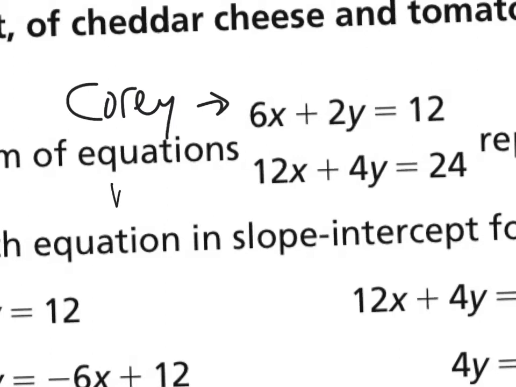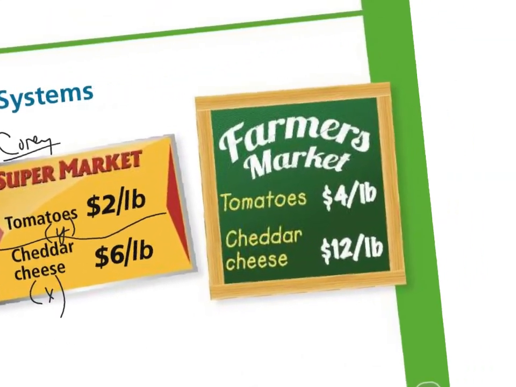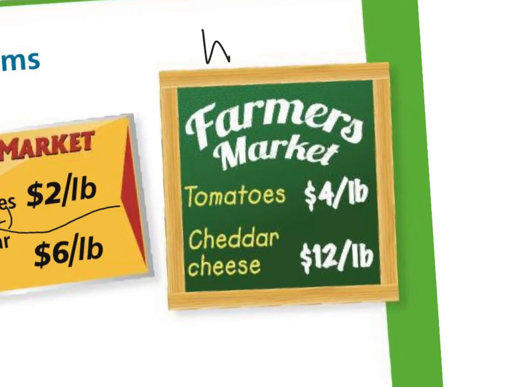And then Winnie went to the farmer's market. So for the farmer's market, we have different prices. So the cheese is more expensive this time. That's x. So $12 a pound times x pounds, that's 12x for the cheddar cheese.